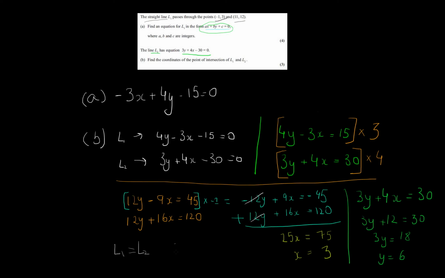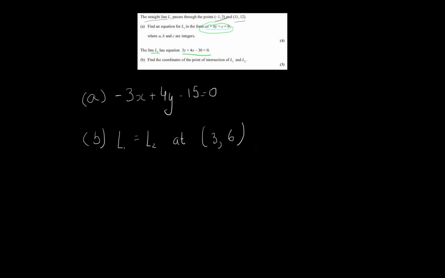So that would be the coordinate (3, 6). L1 equals L2 at this coordinate. This is the point of intersection for L1 and L2. Okay, so this is how you would solve this question over here.